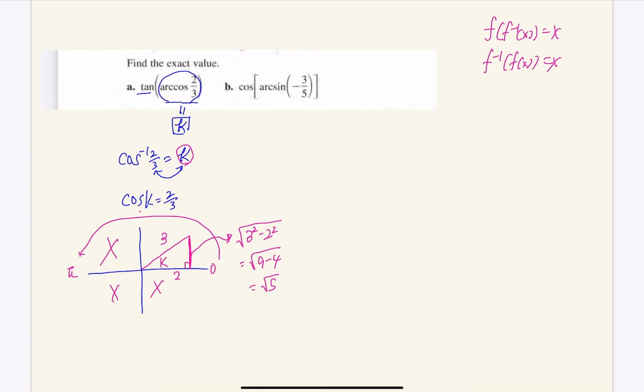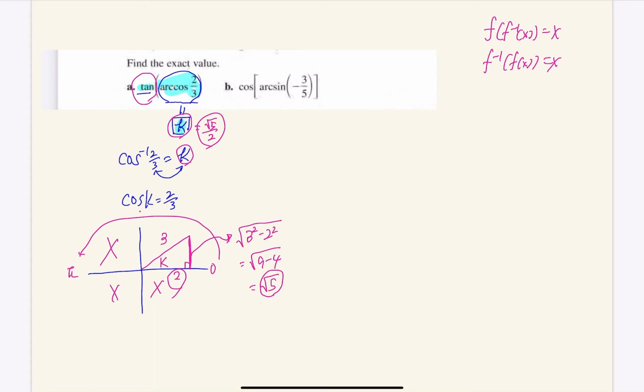And then we can find the answer. Tangent k, we already substituted k for this whole thing, right? So it's like finding tangent k. So what is tangent k? Opposite over adjacent, which is square root of 5 over 2. That's the answer.